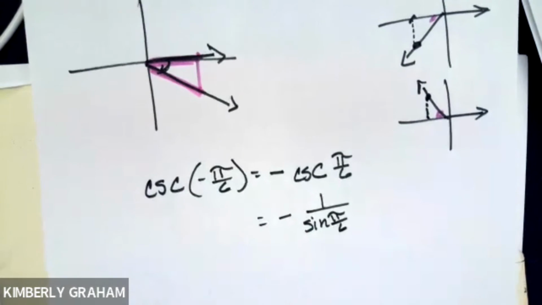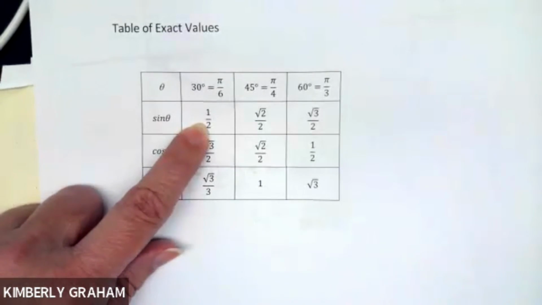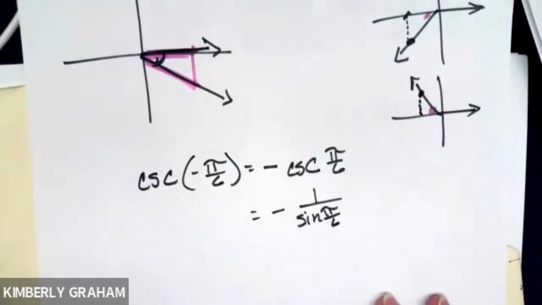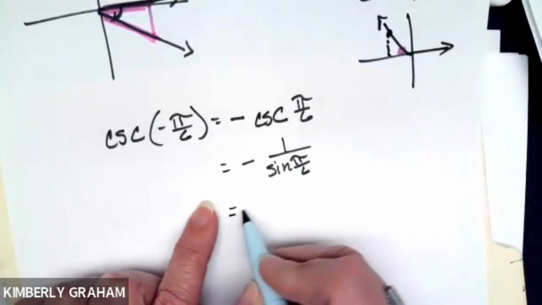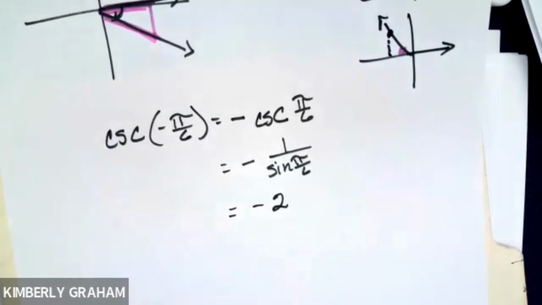And sine of pi over 6 is 1/2. So just turn that upside down. You get 2 over 1. And remember, you still have that negative out front. So this would be -2. There's quite a bit of steps to get to that answer. Any questions with this so far?